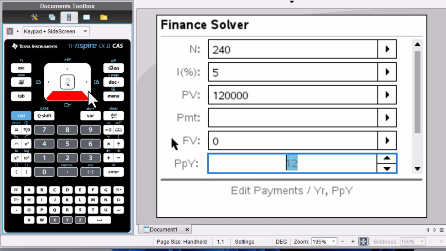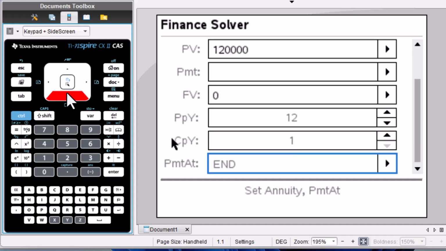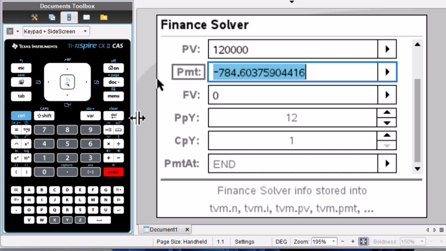PPY is 12. We will use this right arrow. Then you go down. CPY is 1. Right arrow. Then you go down. It won't change. Otherwise, this PPY and CPY are very sensitive. Then move your cursor to PMT. Enter. This is a monthly repayment.